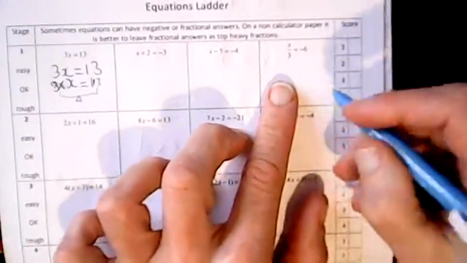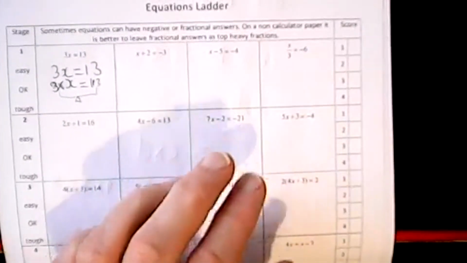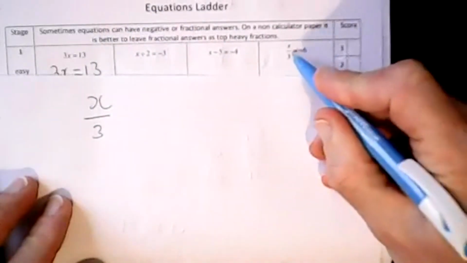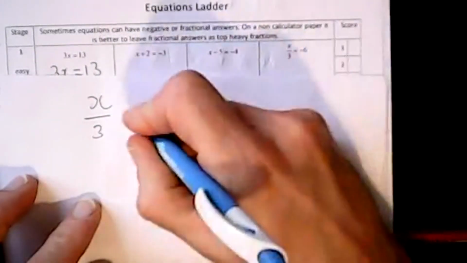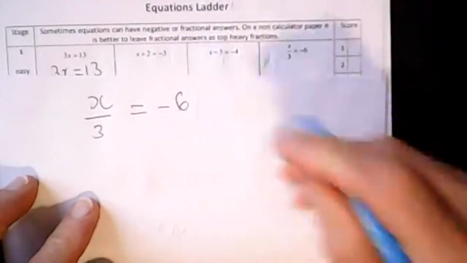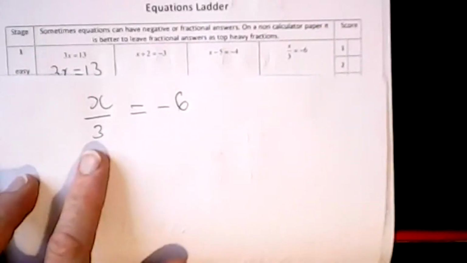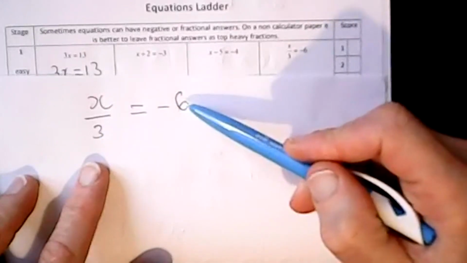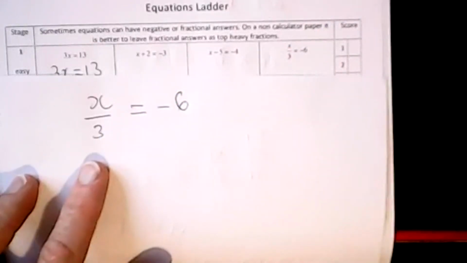Jumping on to this one here, probably better off writing it out on plain paper so we can see what's going on. x divided by 3, remember that's a divided or out of, equals -6. Now what people often do here as a misconception is they go, oh, that's a divide by 3, so I'll do a divide by 3 there, x equals -2.